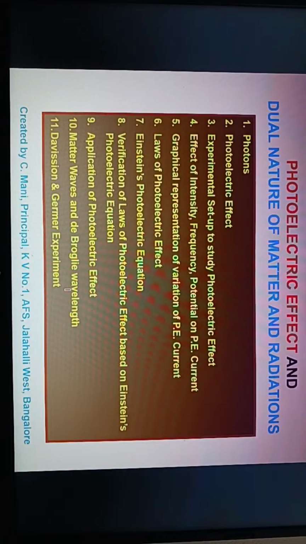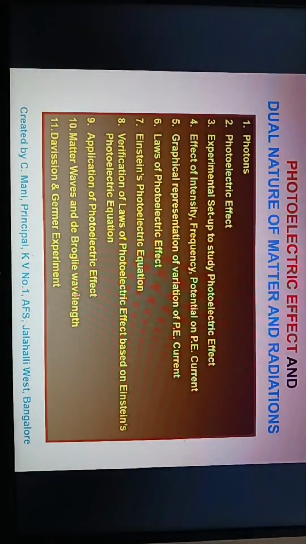Yes, sir. No doubt. What is photoelectric emission? When light falls onto a photoelectric plate, it releases electrons. That's called photoelectric emission. Wrong. You read now and tell clearly. When light of suitable frequency illuminates a metal surface, electrons are emitted. That is why I am saying wrong. Many children will go wrong here.